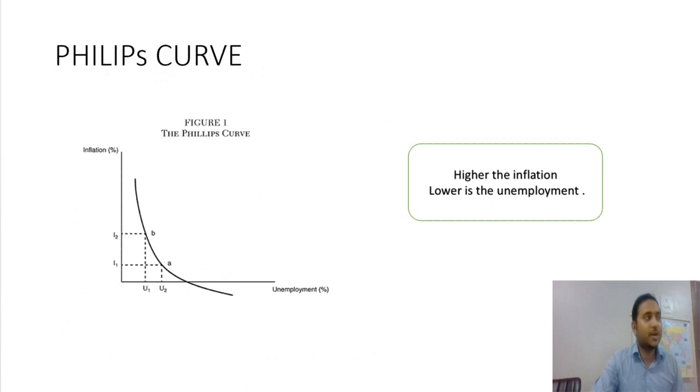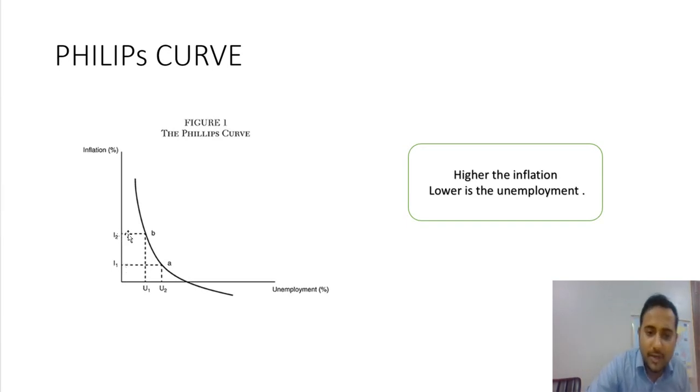Now what is the Phillips curve? It's simple. Phillips curve is very simple. Higher the inflation, lower will be unemployment. Let's see in this graph. I2, that is higher inflation, I1, that is low inflation. The vertical y-axis is for inflation percentage. So I2 is higher inflation, I1 is lower inflation.